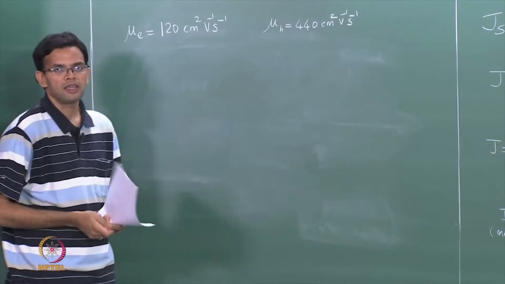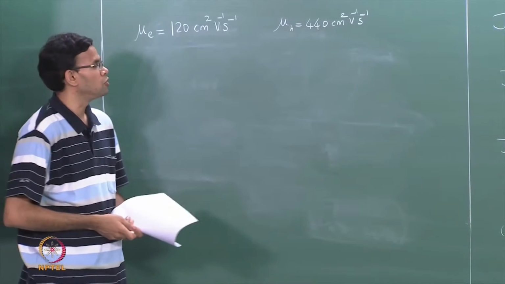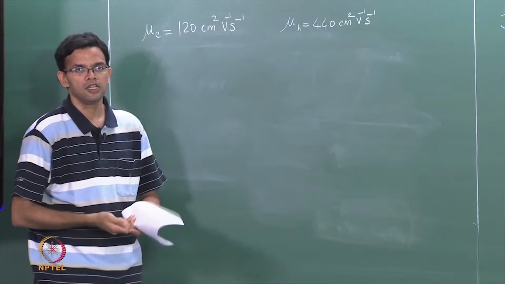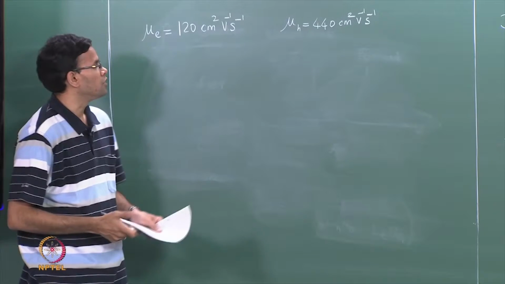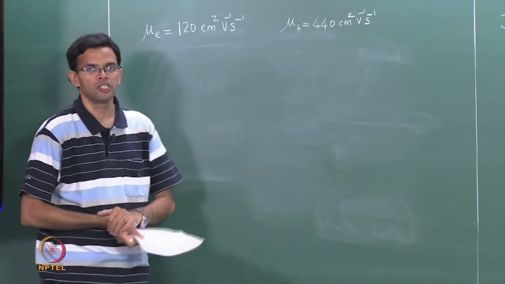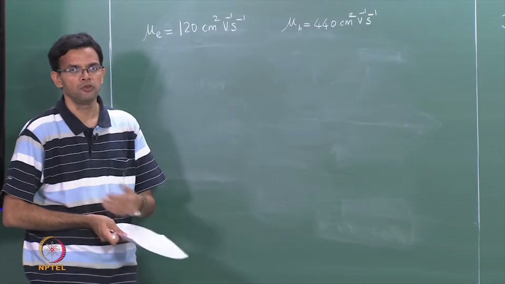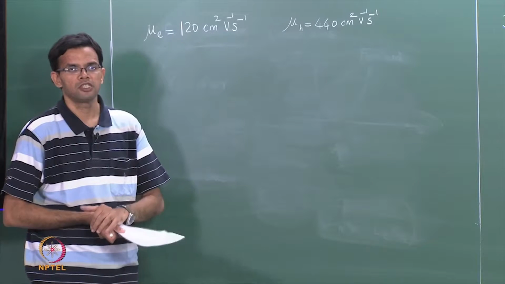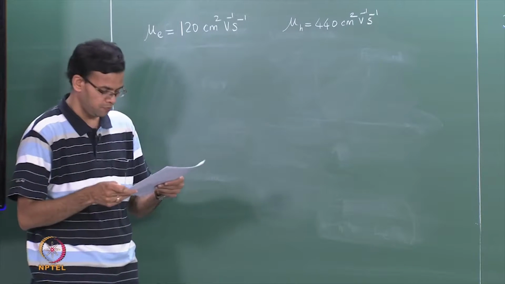So, mobility in the case of a semiconductor usually goes down with increasing doping concentration. So, there are standard tables from which we can get these values of mu e and mu h as a function of the doping concentration.